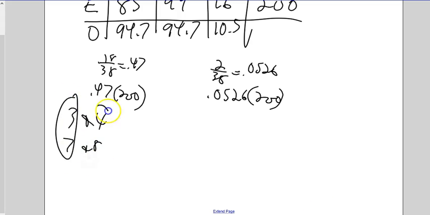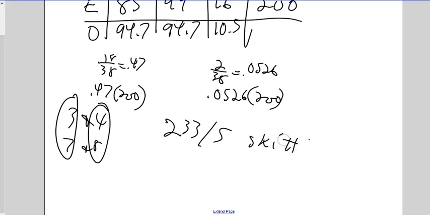Those two are together. So for 3 and 7, there's 233 divided by 5 colors for the Skittles. And for the Fruit Loops, if you look at the book, it says 120, and there were 6 colors there. So that's just a little hint for you.